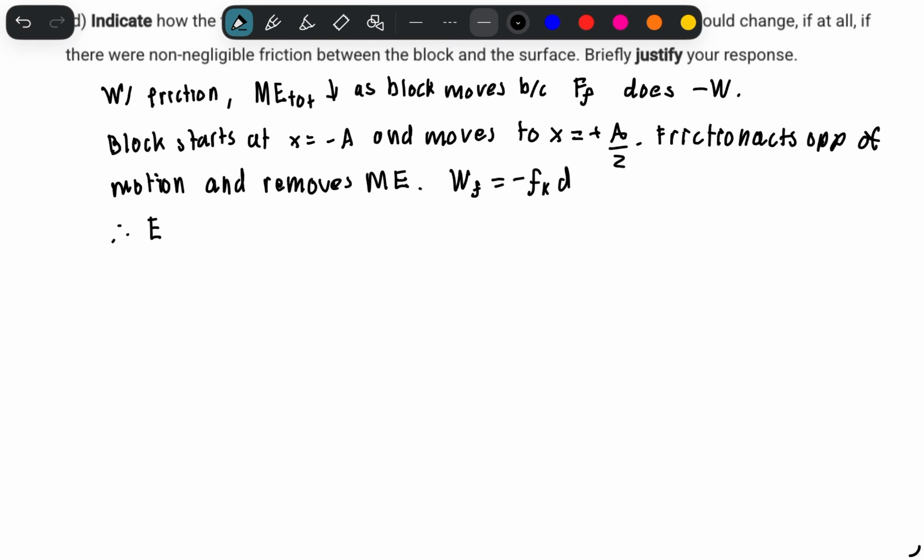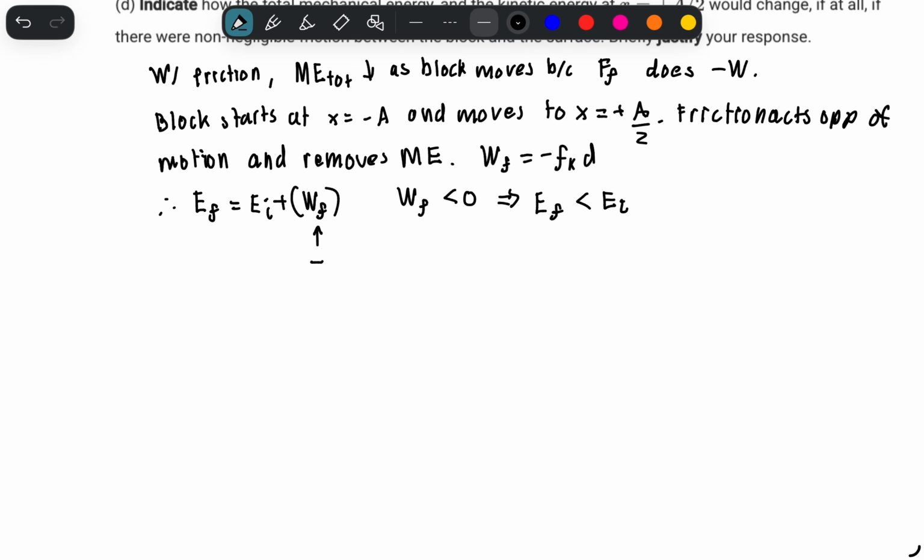Therefore, energy final is equal to the energy initial plus the work done by friction, and this is a negative. So because we know that work done by friction is negative, that means that our final energy is going to be less than our initial energy since it's being degraded. Therefore, our total mechanical energy is going to be less than it was before.